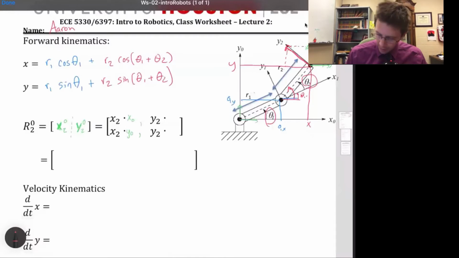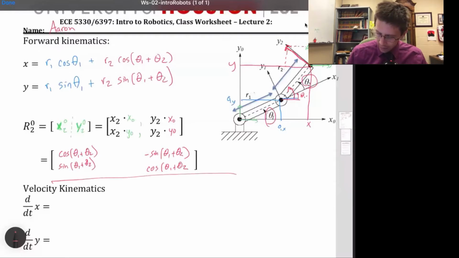When we do the math for that, this projection here was just the cosine of both the angles, theta 1 plus theta 2, whereas this is the sine of theta 1 plus theta 2. This one up here is negative, so this is the negative sine of theta 1 plus theta 2, whereas this is the cosine of theta 1 plus theta 2.